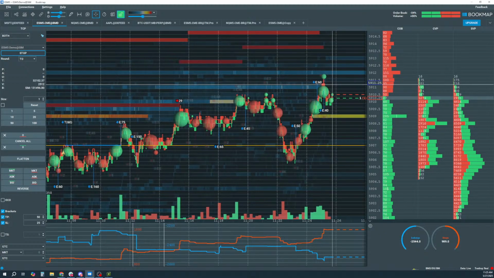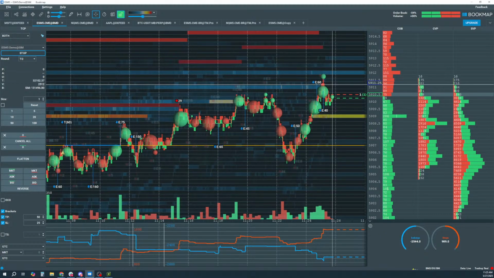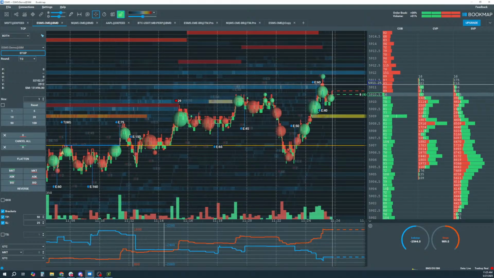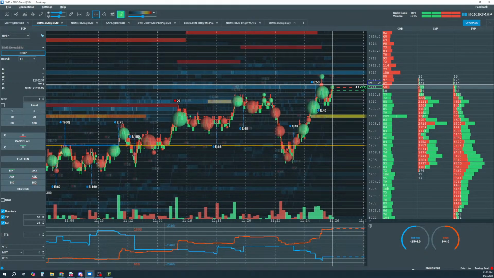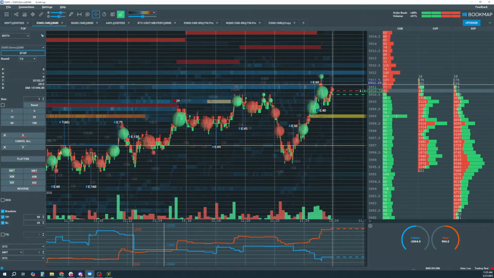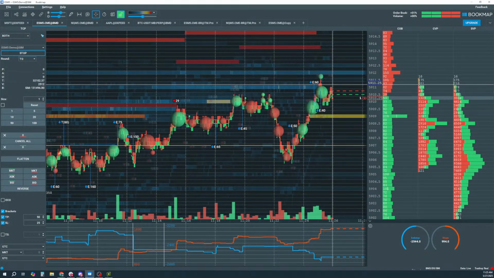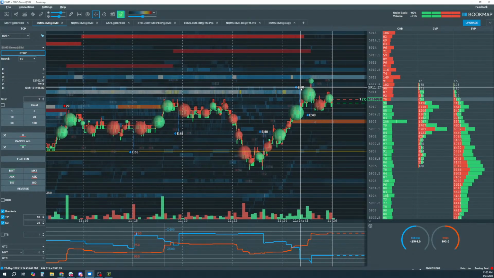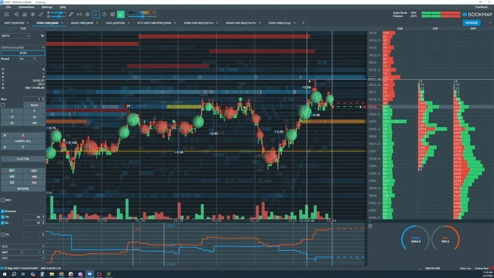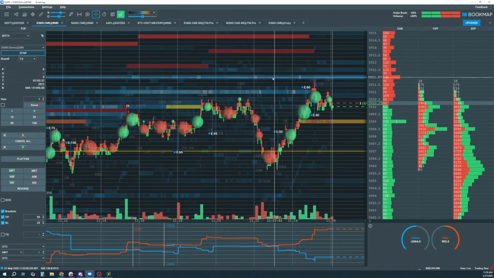Yeah, Abby, you're looking at ICT. Yeah, I mean, ICT type stuff like we've been going over for years. It's all the same stuff. It's nothing new at all. It's just kind of repackaged in a different way in terms of break of structure. I mean, we're all looking at that, but we're looking at much more.